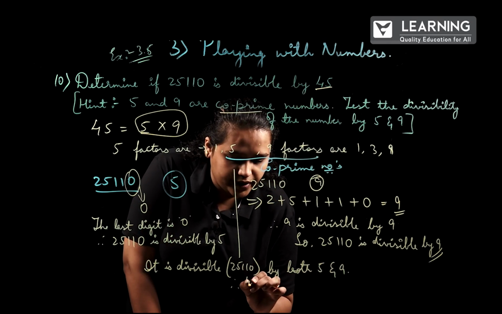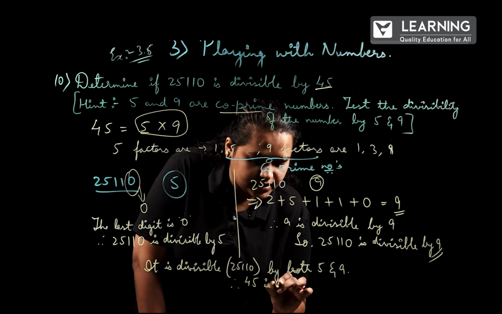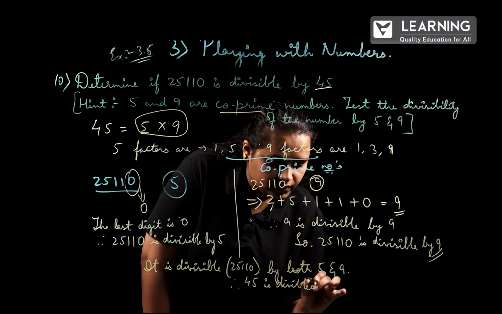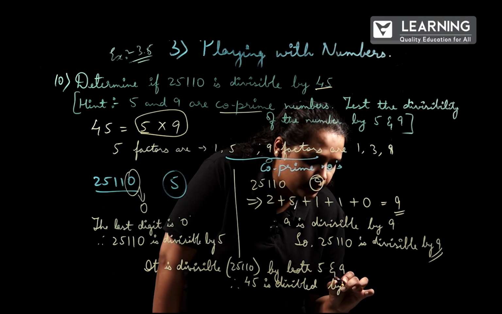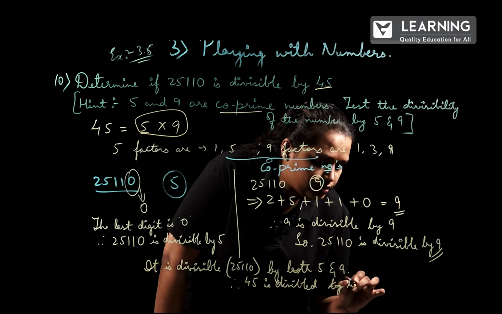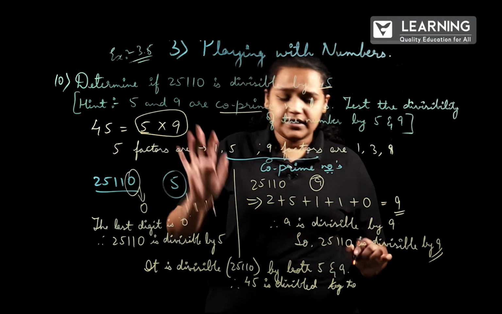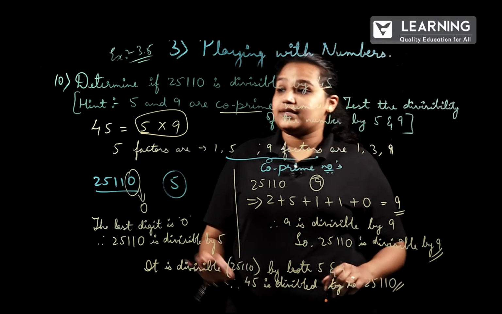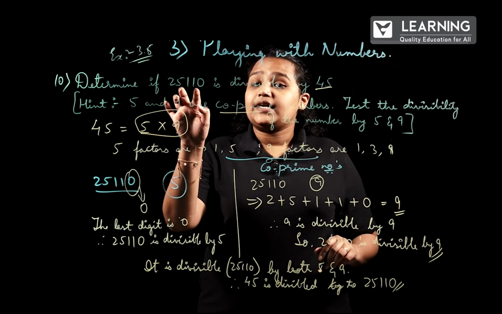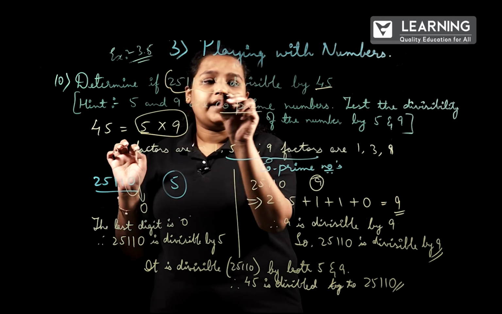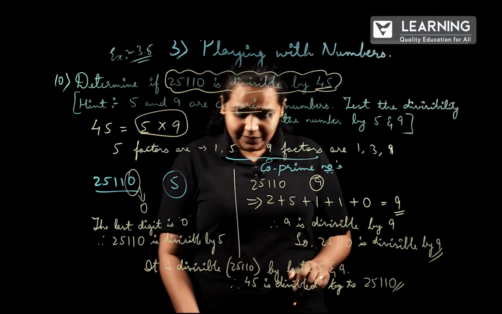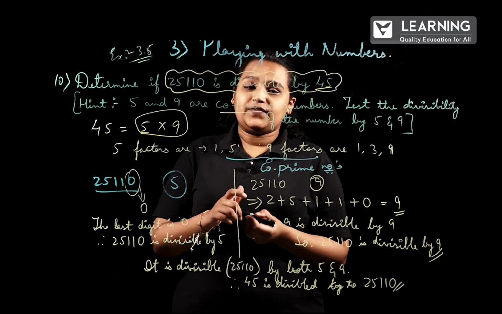Therefore, 45 divides the given number, that is 25,110. That means 25,110 is divisible by 45. So, by this we will be completing the exercise 3.5.